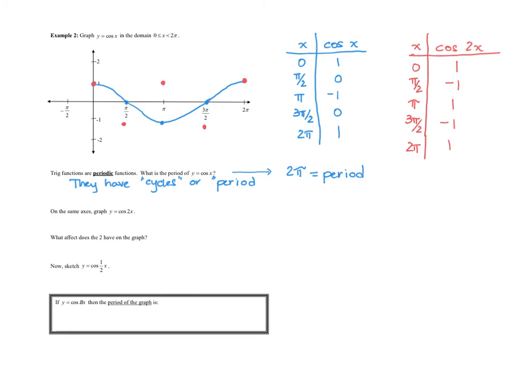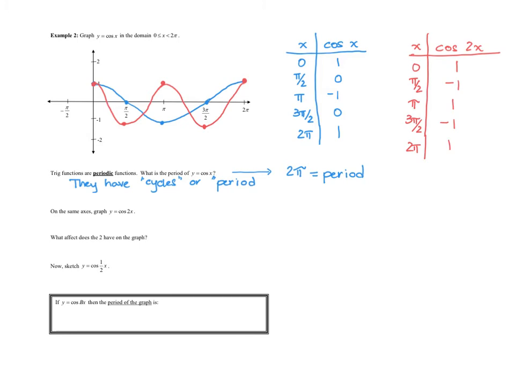Well, I know I have to follow that shape of a cosine curve, so I'm going to have to go down to negative 1 at pi over 2, back up at pi, back down at 3 pi over 2, and back up to 2 pi. So what you should notice is that you see the entire cosine curve over a shorter period.